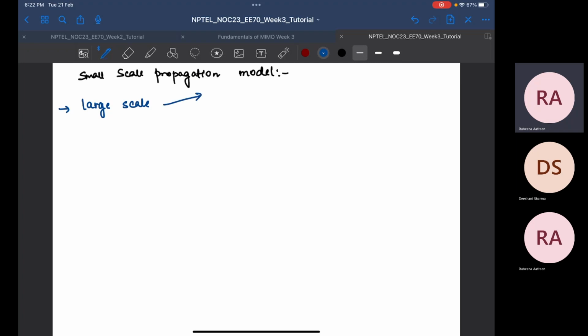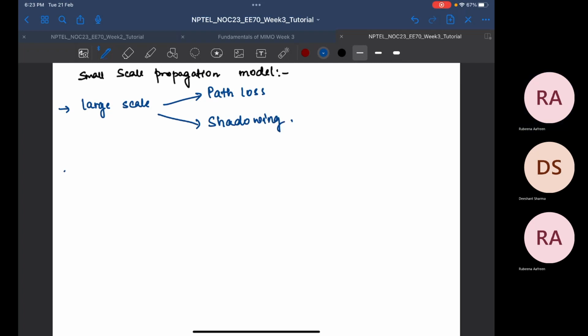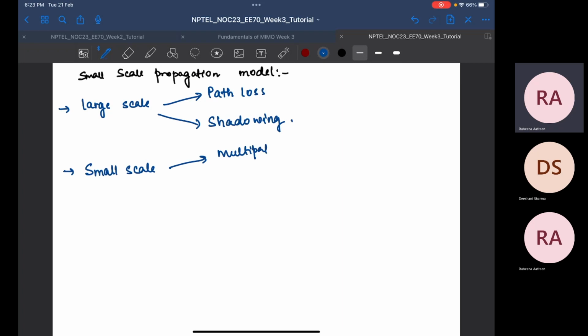In the large scale model, we discussed path loss and shadowing, which was covered in the previous week's lecture. Then in the small scale model, we will see multipath, frequency flat fading, and envelope distribution.